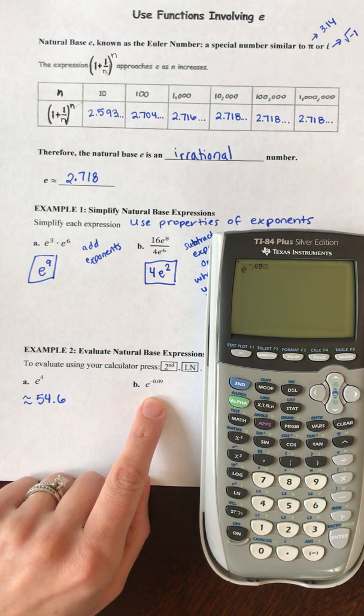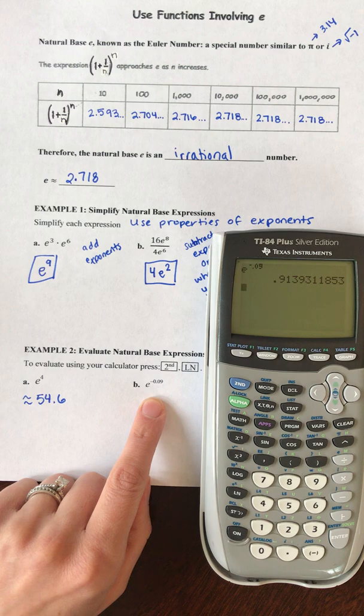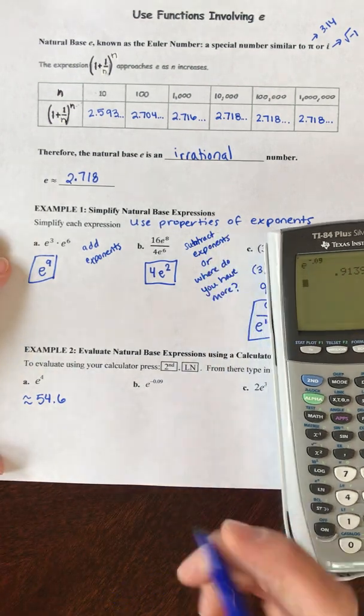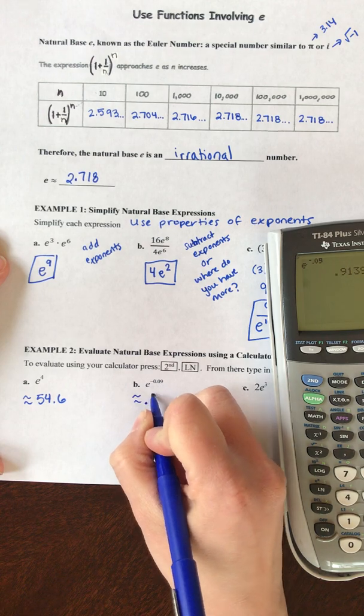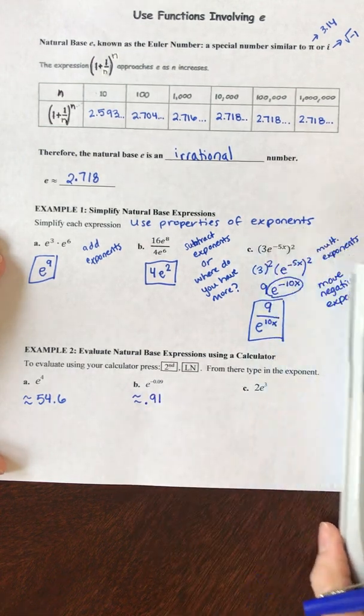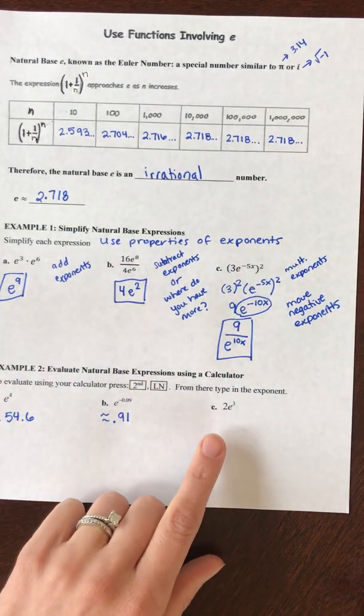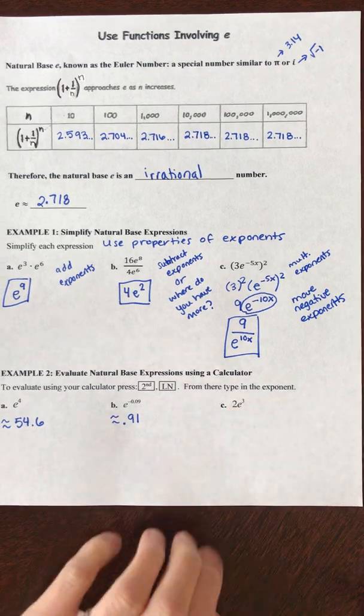Maybe you forget the negative, so that can affect your answer on the next page when we go to do your applications. So e to the negative 0.09 is about 0.913, so we'll say it's about 0.91.